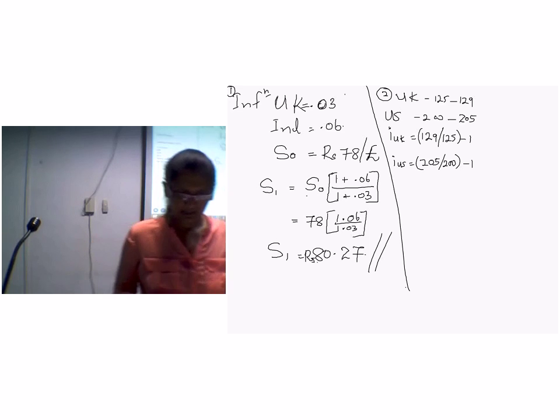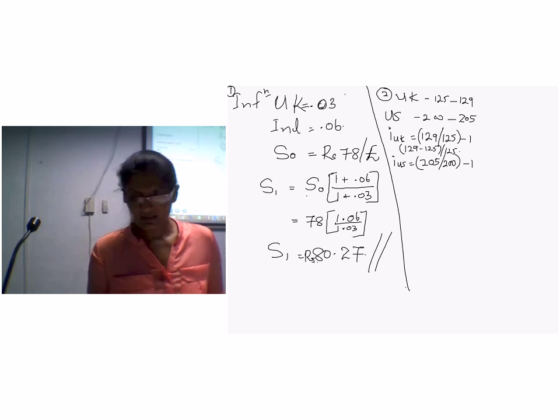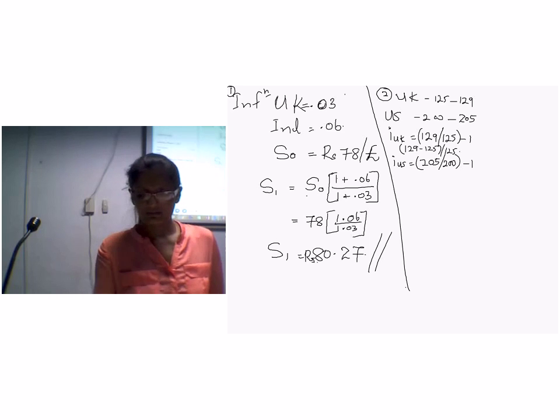You get the same answer with 129 minus 125 divided by 125. What I have done is take the initial index as the common denominator.